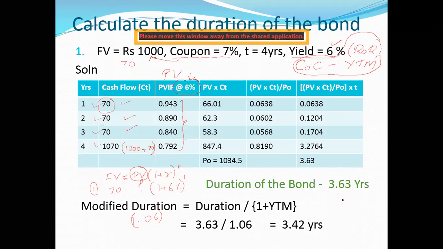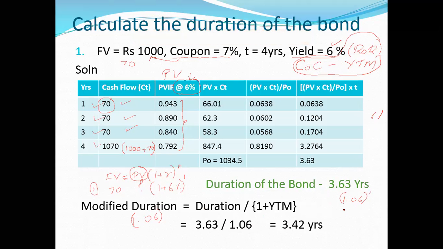Okay, I'll write it small. 1.06. How did I get 1.06? 6% is how much? 0.06, right? So 1 plus 0.06 is 1.06 raised to 1 is the same. So your answer is going to be 1.06.